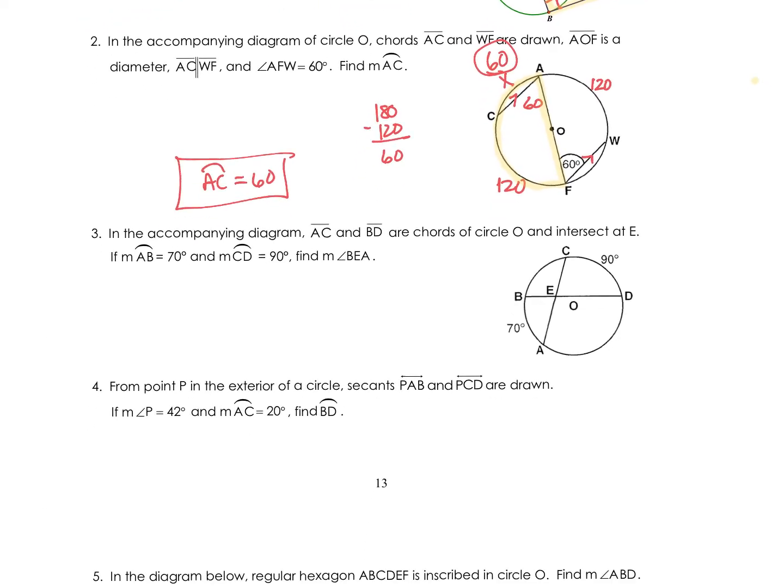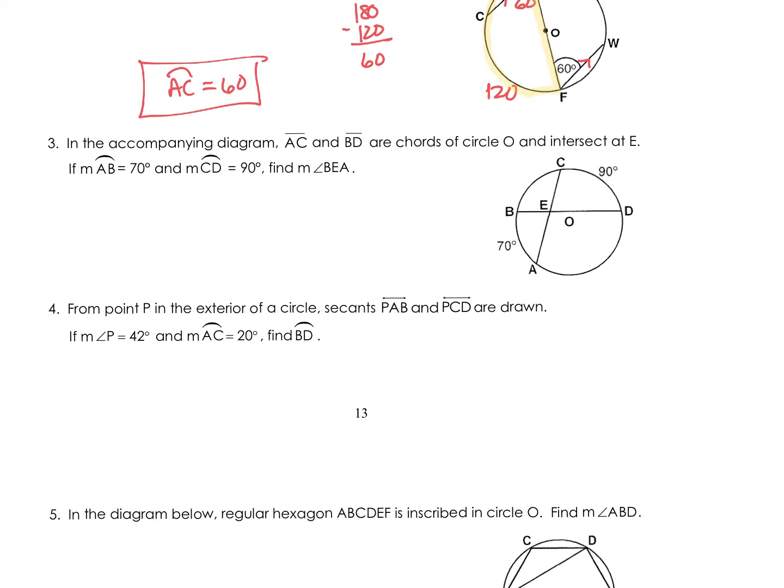All right, moving on to number 3. In the diagram, we have two chords intersecting. This should look pretty familiar, and they've labeled the arcs 70 and 90. We want angle BEA, which is right here. This is what type of angle? Central? No, because it's not at the center. Inscribed? No, because it doesn't touch the circle. It is called an interior angle.